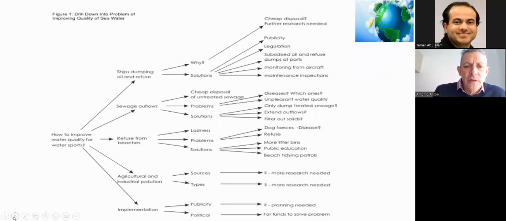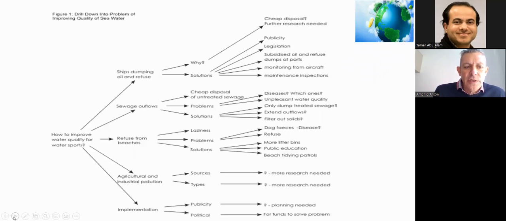How to improve water quality? I use this conceptual map in order to know it. We will start by trying to drill down the problem and try to find solutions.